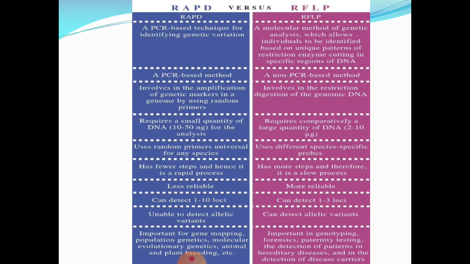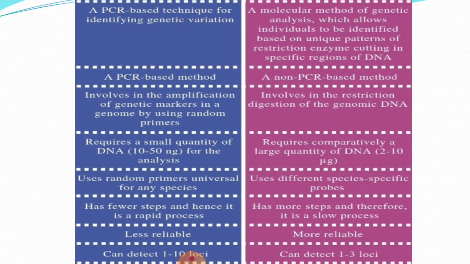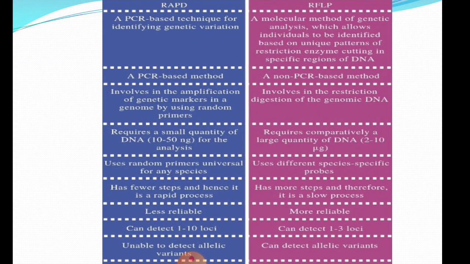This slide will just compare the RAPD and RFLP techniques. Let us see one by one. I'll just zoom it. In RAPD, it is basically a PCR based technique for identifying genetic variation.